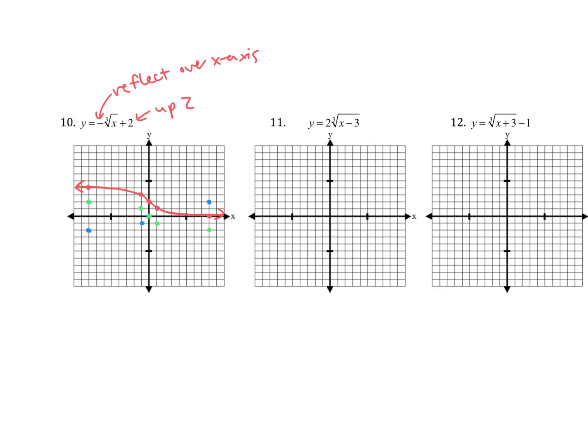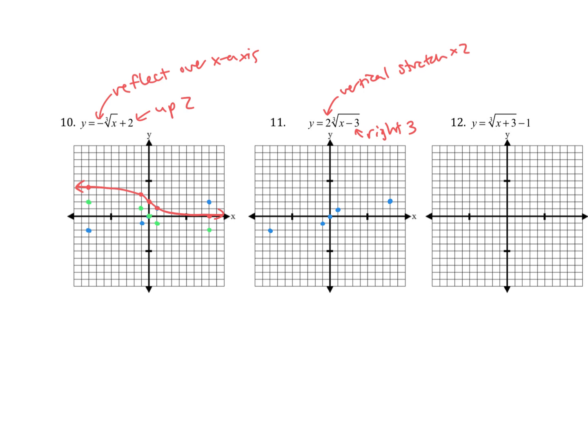Now in number 11, again, I'll do my parent function. We have a vertical stretch by a factor of 2. And remember opposite land, we would think left, but we're going right 3. So first I do my stretch. I always do stretches and compressions first.